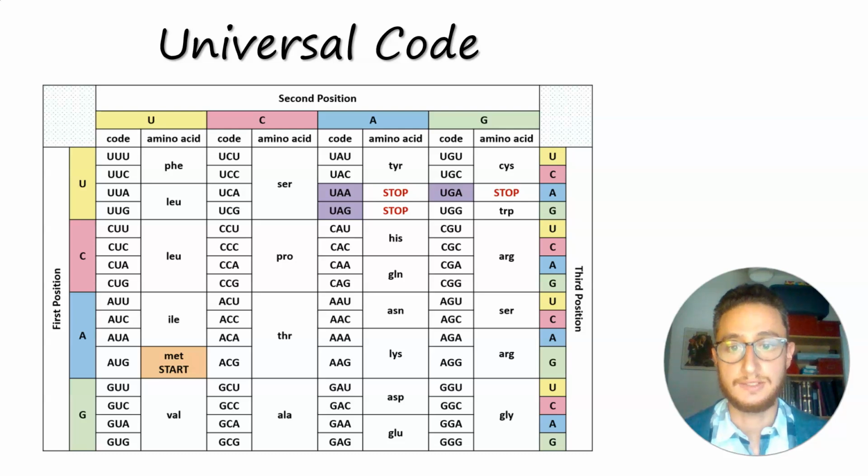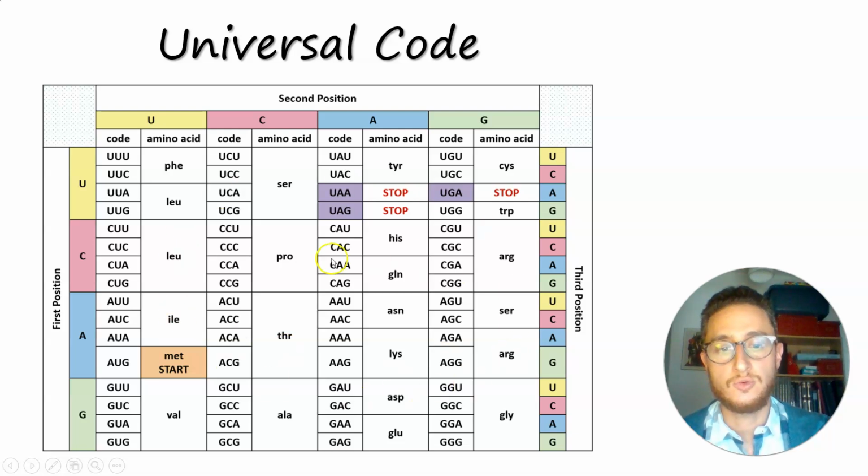So here it is. This is one of the most incredible charts you will ever see. This is the language of DNA. We have learned to read it. And what you're looking at here is a chart that tells you what every 3-letter sequence in DNA means.